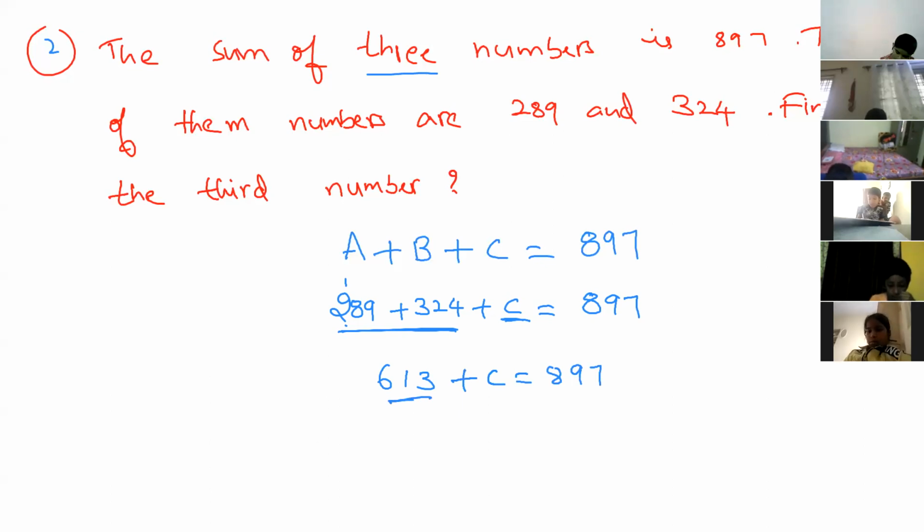This 613 goes to that side, so 897 minus 613. What is the value? 284 is the answer. Did you get the same answer?